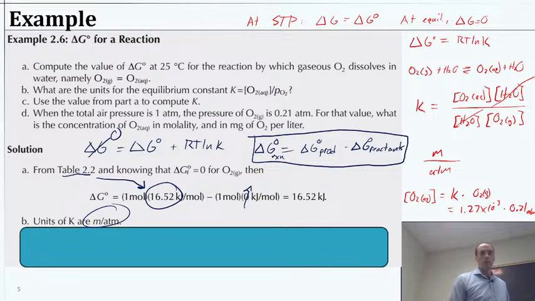Okay, so part C says, use the value that we got in part A to compute the K value. And this is something you should be able to do, right?